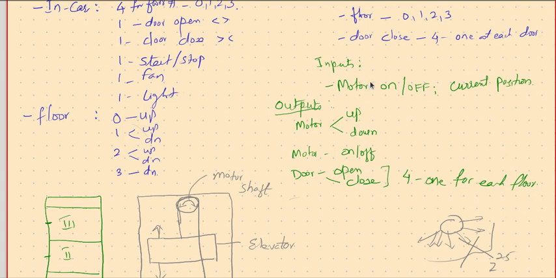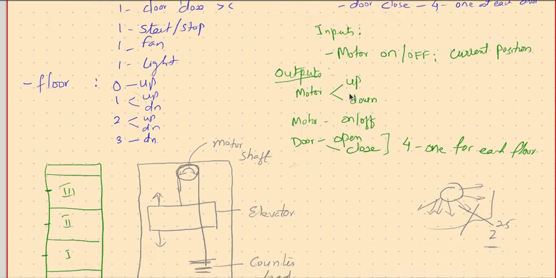Then we get some input from the motor, whether the motor is on or off, and what is the current position of the elevator. Then we produce outputs to rotate the motor such that the elevator moves up or down. Then the motor is turned on or off.